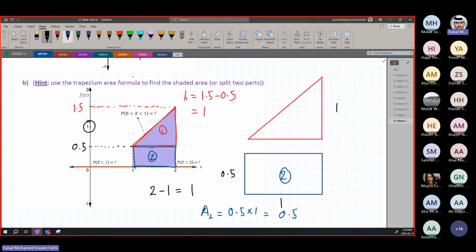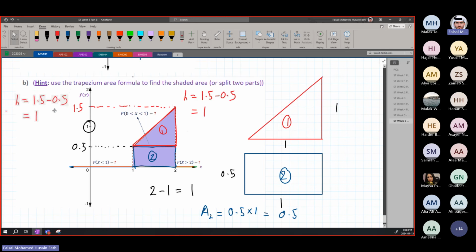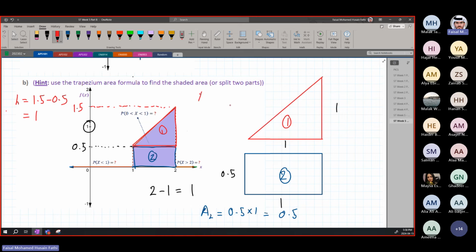And the base of it is equal to the rectangle's width, which is 1 as well. So now, if we're trying to find the area, this is area 1. We're going to use half base times height. So area 1 is equal to half base times height, which is equal to half times 1 times 1, which is equal to 0.5. Okay.